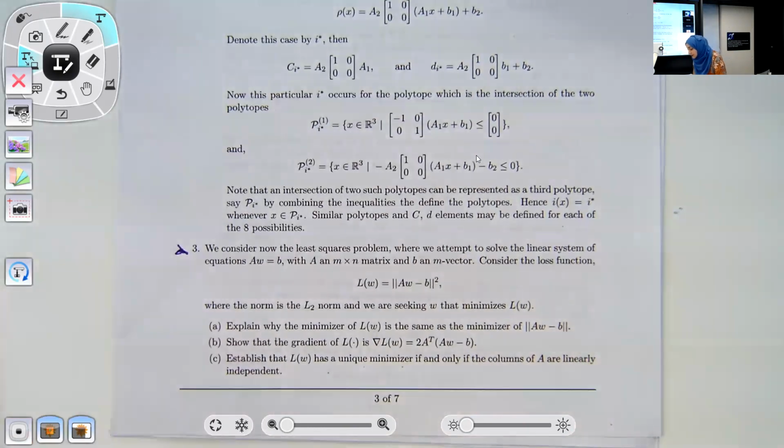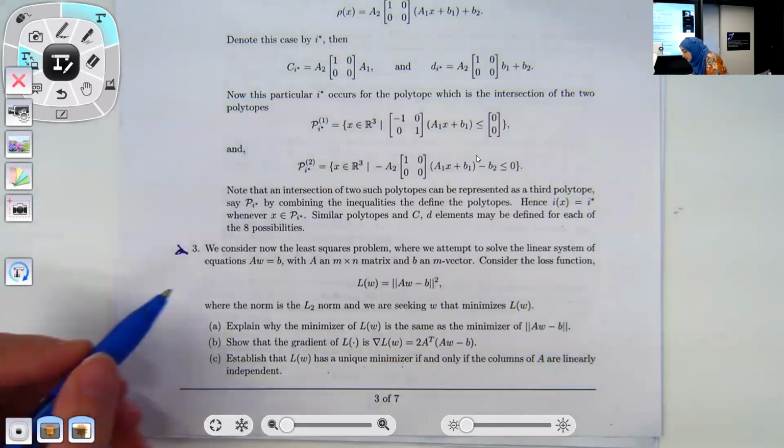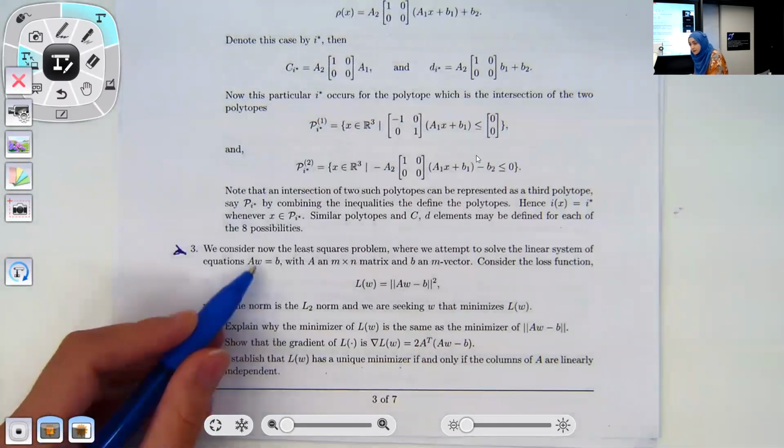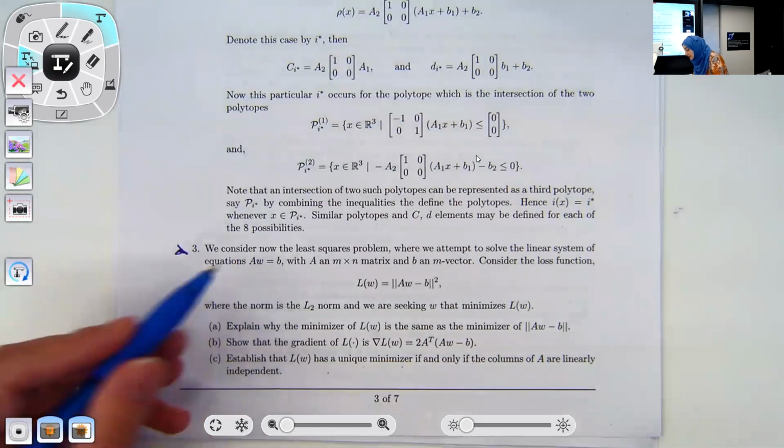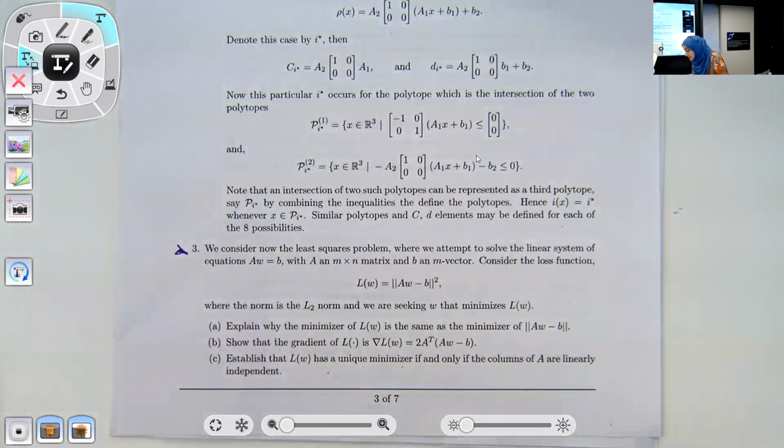In question 3, they ask, we consider now the least square problem, where we attempt to solve the linear system of equations A omega equal B, with A an M times N matrix. They give you that A is an M times N matrix, and B is an M vector.